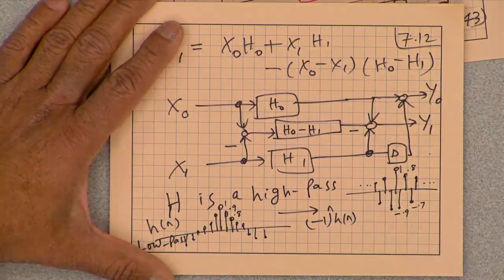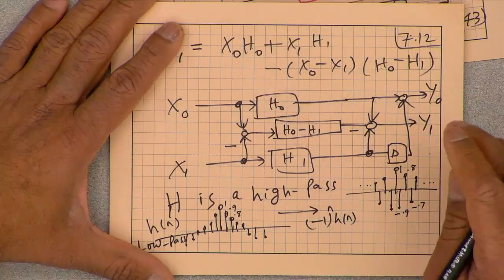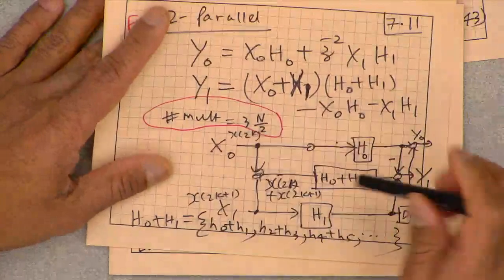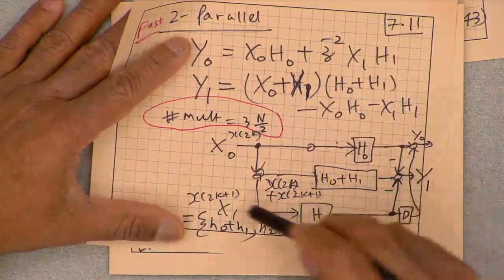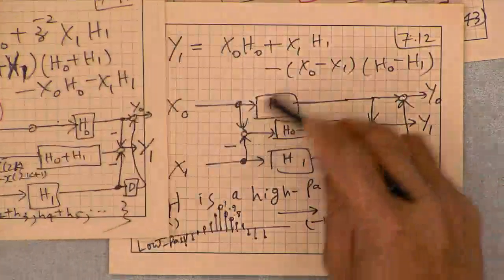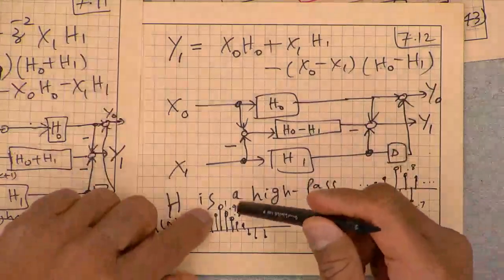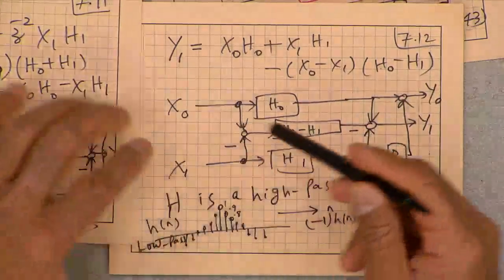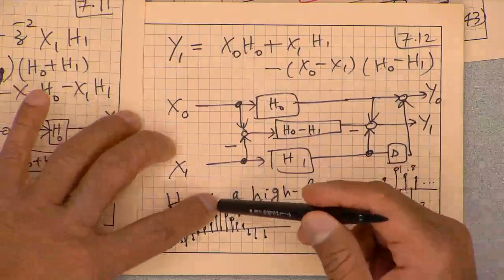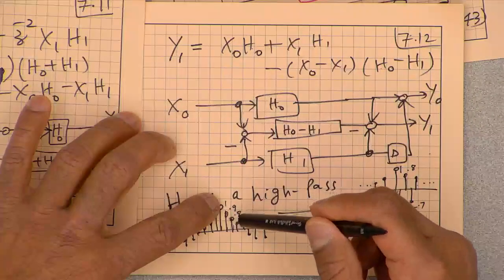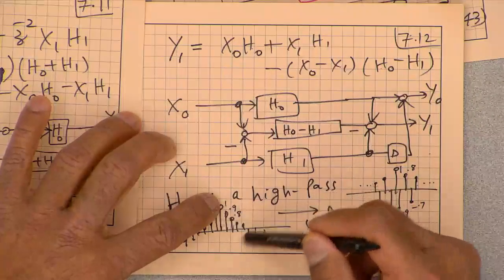Now, if the filter is a high pass filter, should I be using this parallel structure or this parallel structure? Well, if I take the term by term h0 minus h1, so this will be 1 minus minus 0.9, and next will be 0.8 minus minus 0.7.